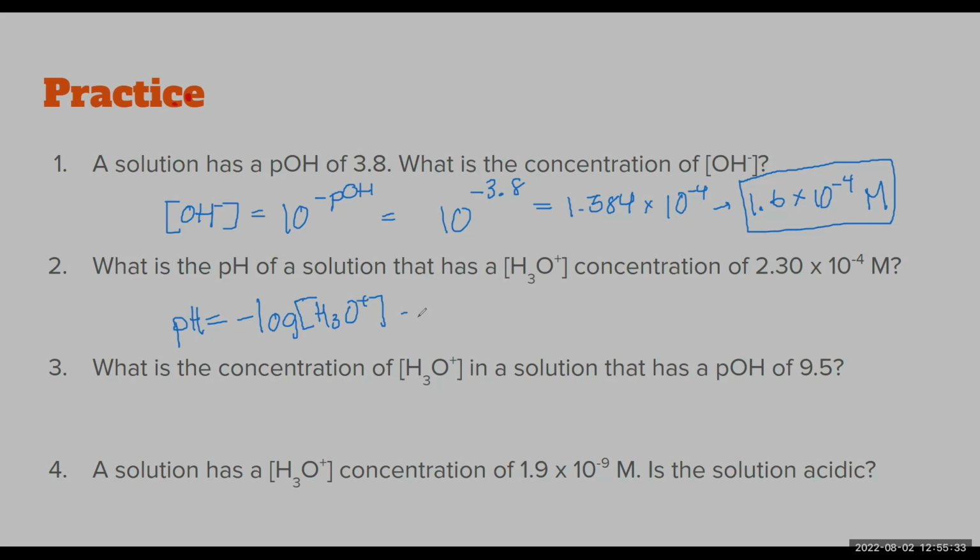So what I will do is put into the calculator negative log of 2.30 times 10 to the negative 4.